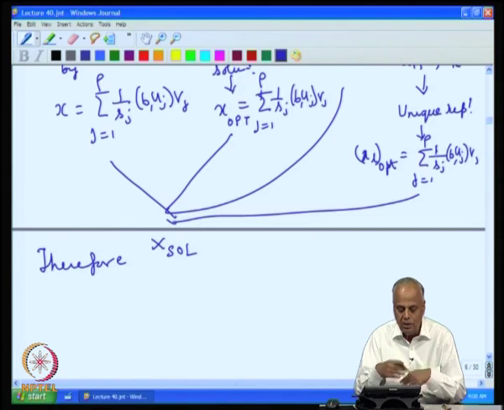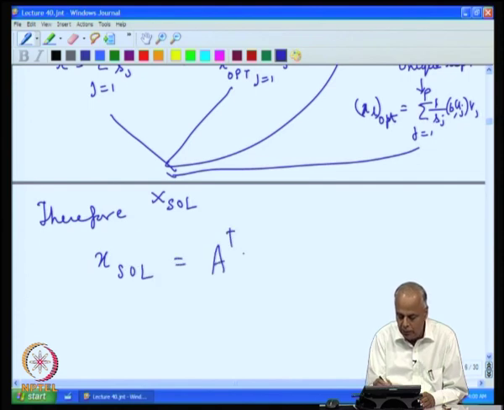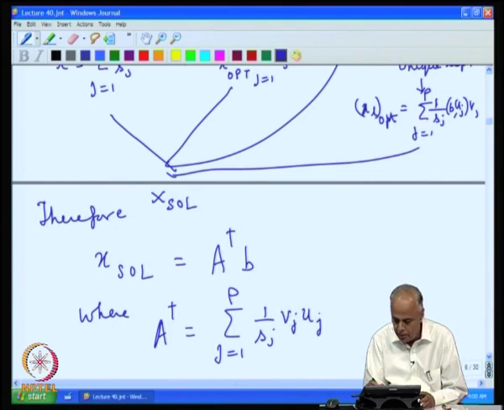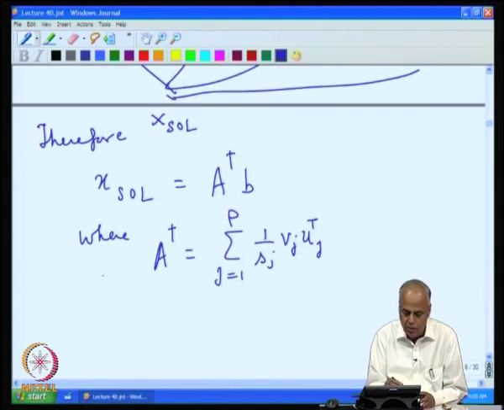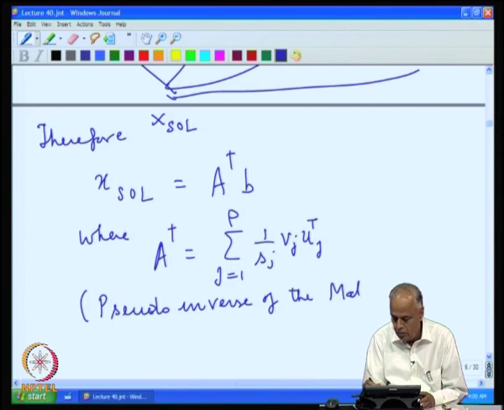So, the least length, least error solution is called x sol, and we have x sol equal to A dagger b, where A dagger is the matrix summation j equal to 1 to rho of 1 by s j v j u j transpose, and this we called the pseudo inverse. This is called the pseudo inverse of the matrix A.